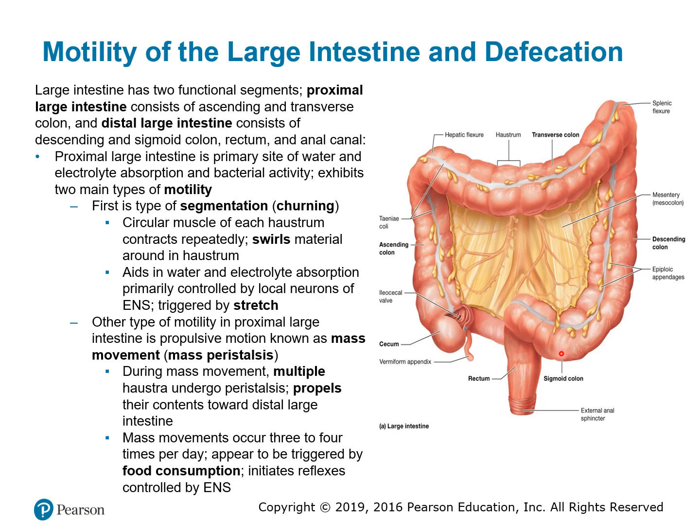These movements happen about 3 to 4 times per day. That's why, for example, when you're not eating or you're just sitting there, you feel some type of movement in your large intestine, or sometimes it even makes sounds. This is what's happening. These mass movements can be triggered by food consumption, initiating reflexes that are controlled by the enteric nervous system.